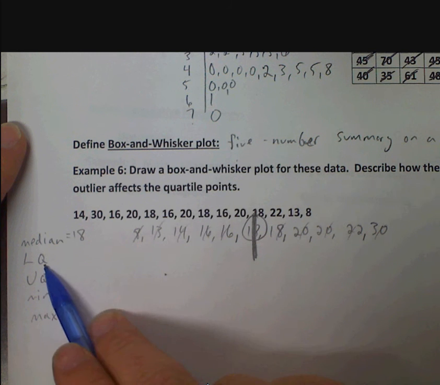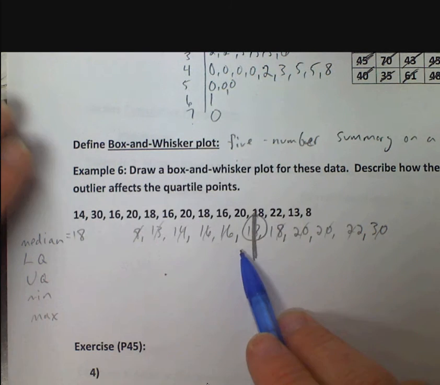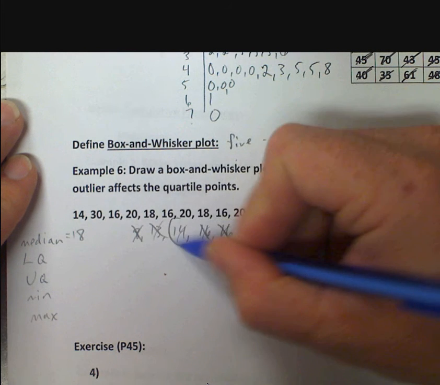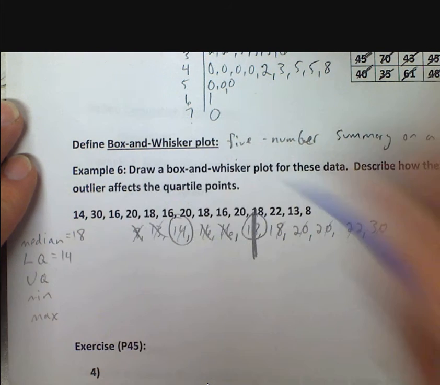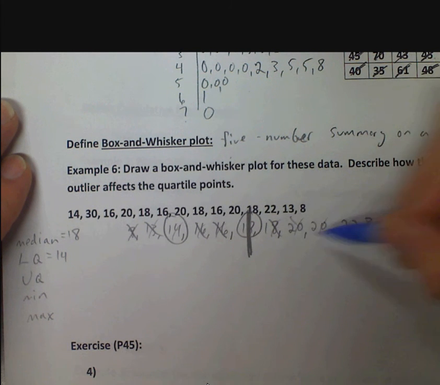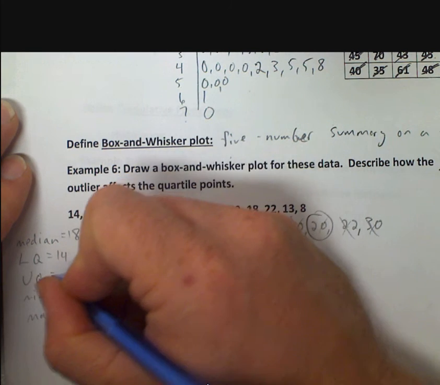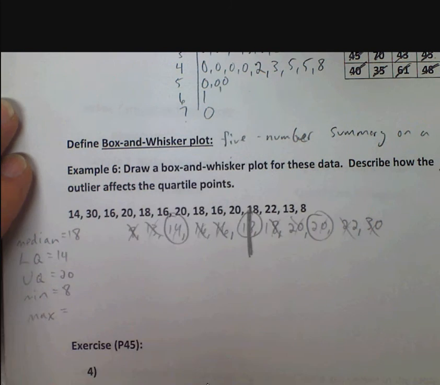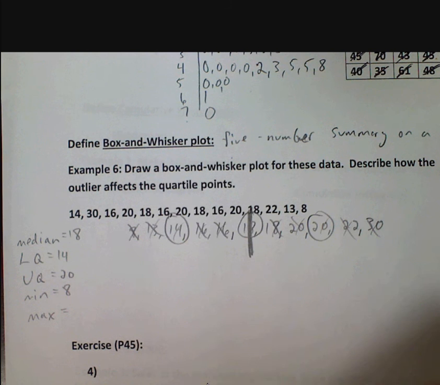So the lower quartile is the median of the lower half. Small, big, small, big. 14 is our lower quartile. Our upper quartile, small, big, 20. Our smallest number is 8. Our largest number is 30.